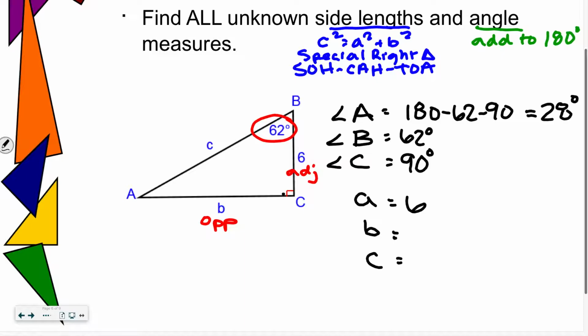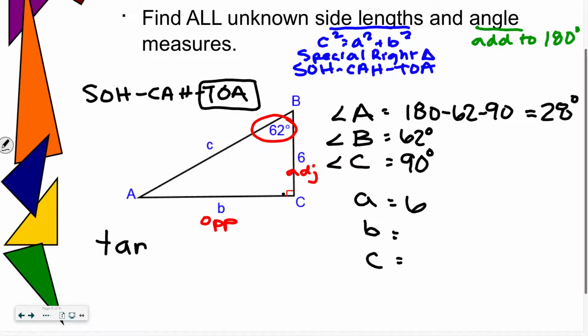Now, if you were looking at your 28-degree angle, opposite and adjacent would be flip-flopped. But if you're thinking about SOHCAHTOA, much like our ladder question, opposite and adjacent are TOA. So we set it up.